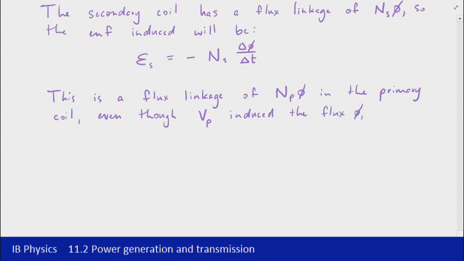however, because of that, we get an EMF that's known as a back EMF. So in other words, the potential difference that's producing the flux actually creates an EMF in the same coil, and that back EMF is induced in the primary coil.